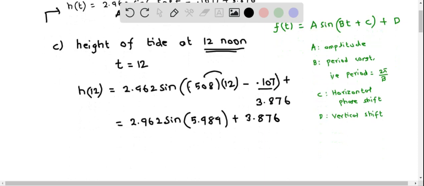We can plug this expression into the calculator. That is, we find the sine of this number, multiply by 2.962, and then add 3.876. When we do that, we get approximately 3.02, rounded to two decimal places. So this is the height of the tide at 12 noon, in meters.